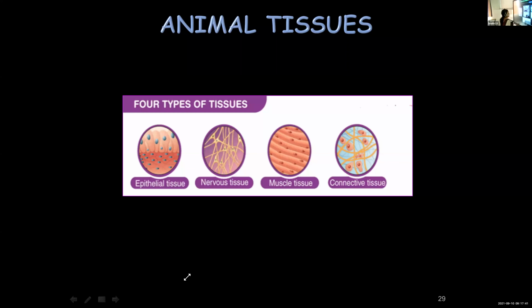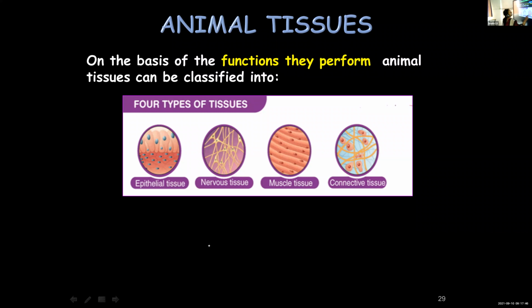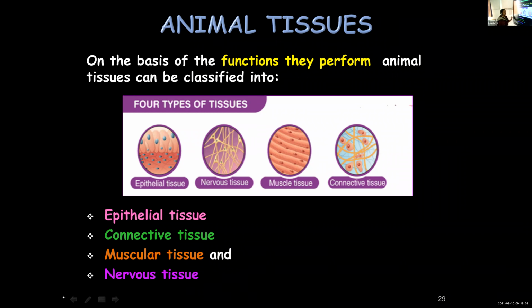Animal tissues. On the basis of the functions they perform, animal tissues can be classified into 4 types. So this classification is based on the functions they perform: epithelial tissue, nervous tissue, muscular tissue, and connective tissue.